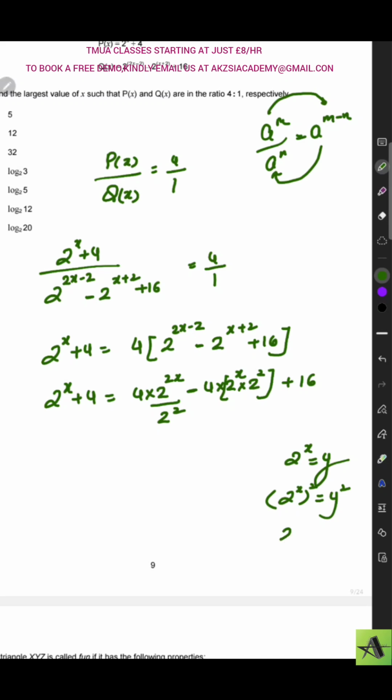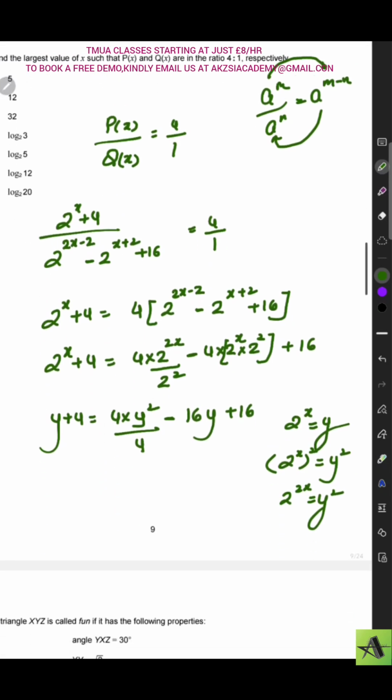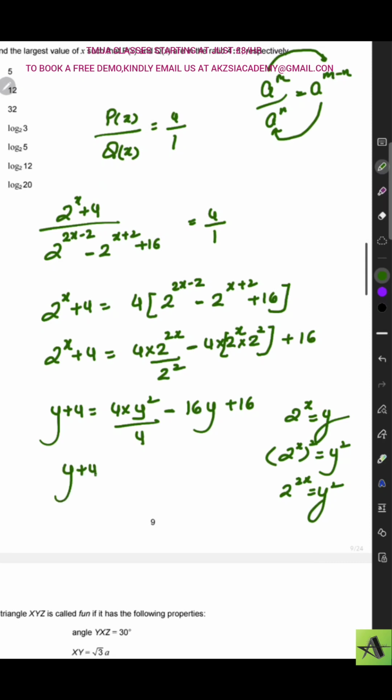So this is y plus 4, equals 4 times y squared over 4, minus 16 times y, plus 16. Now y plus 4 equals y squared minus 16y plus 16. Bringing all to one side, this will give me y squared minus 17y plus 12.